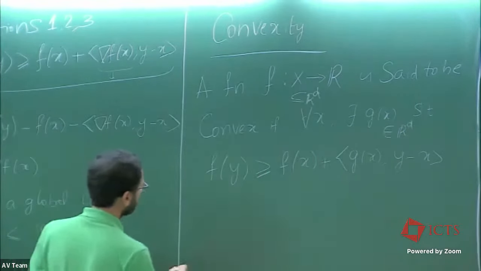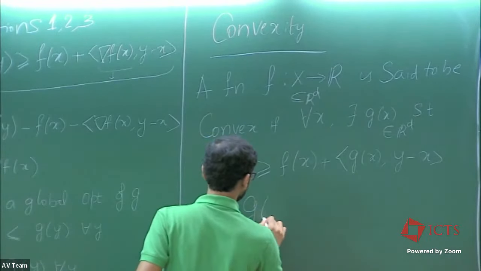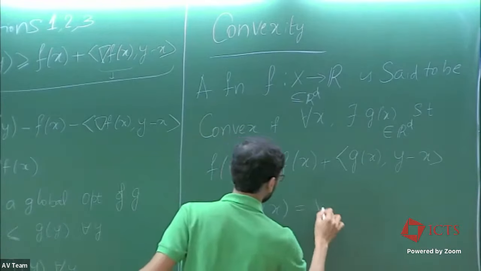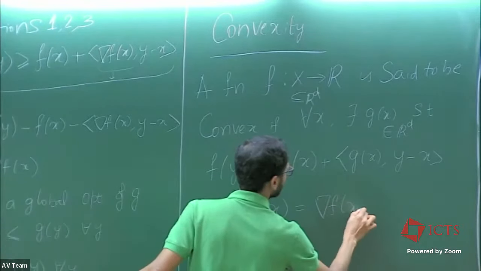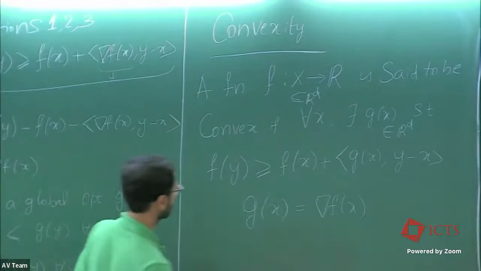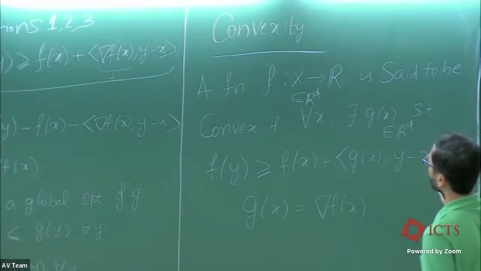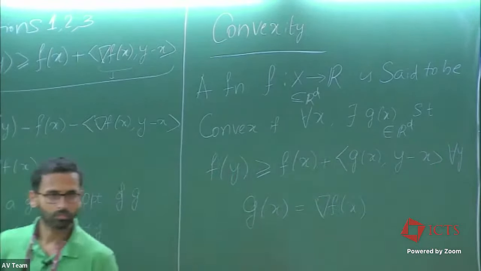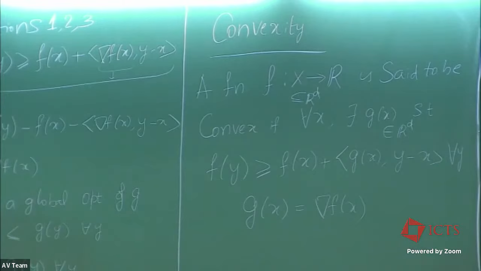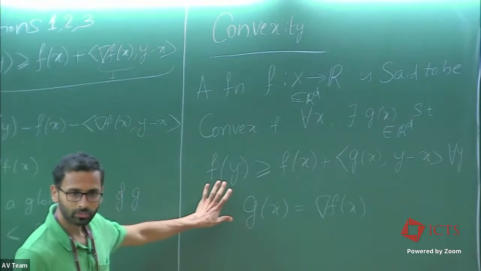Okay? And for most things, we can think of g of x as basically equal to the gradient of f at x. Okay, so the definition of convexity makes sense.